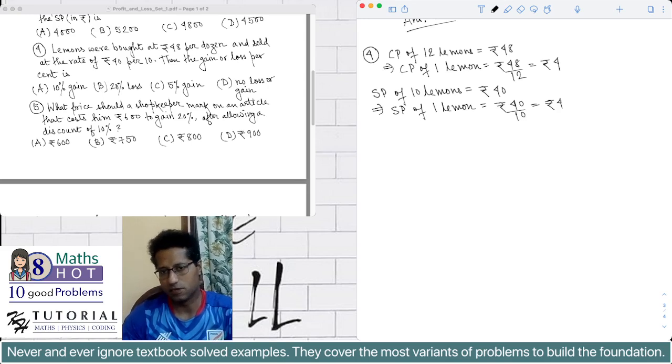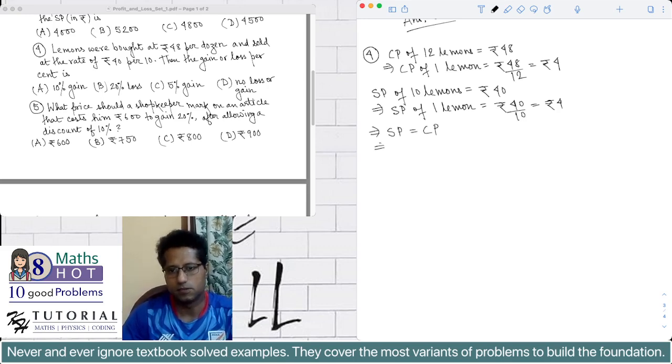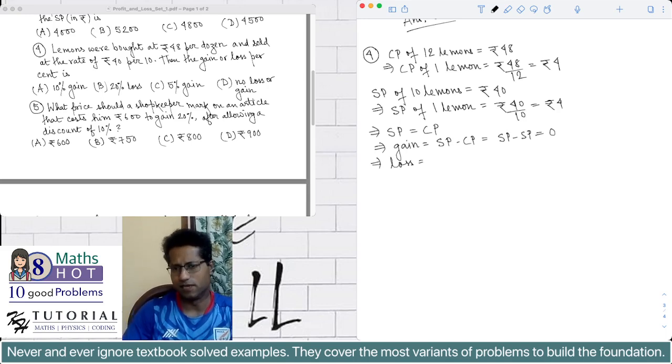When the cost price and selling price are the same, obviously there will be no profit or loss. We can say that SP is equal to CP, which implies that gain is equal to SP minus CP, which is equal to 0.